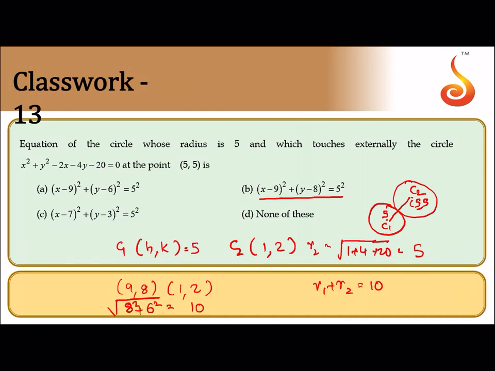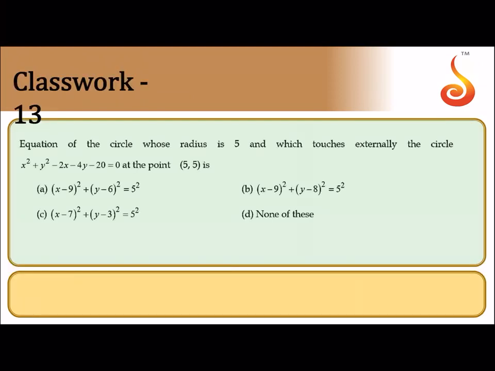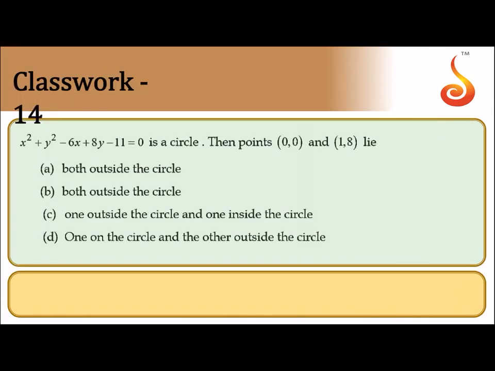So the distance is under root of 8 square plus 6 square, which will give you 10. So option B is correct. Using the same concept, C1C2 is equal to R1 plus R2. You have to select h, k in such a way that it comes out to be 10. That is example 13. Option B is correct.